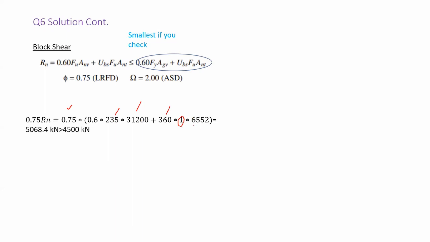And lastly, ANT, which we found previously. So if we check this equation, it appears that the capacity of this member for block shear is 5,068 kilonewtons. Again, it's bigger than 4,500. So in this case, we satisfied the gross yield, we satisfied the net rupture, and we satisfy the block shear.